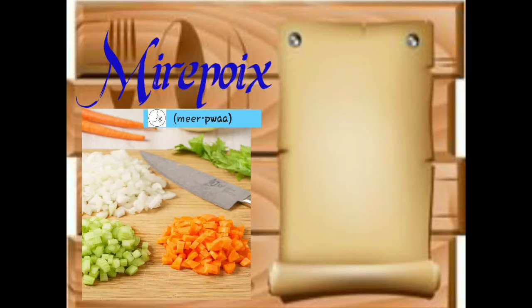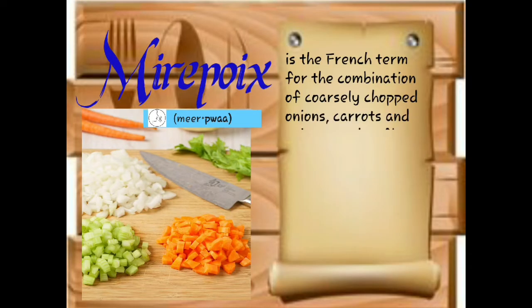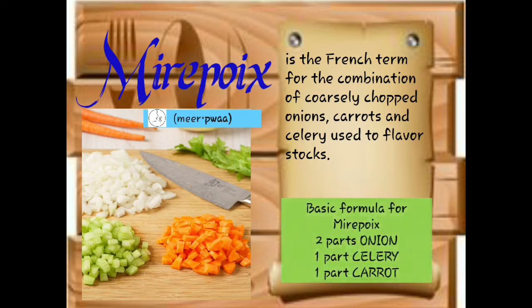The second ingredient is the mirepoix. It is a French term for the combination of coarsely chopped onions, carrots, and celery used to flavor stock. We have a basic formula for mirepoix: 2 parts onion, 1 part celery, and 1 part carrot.